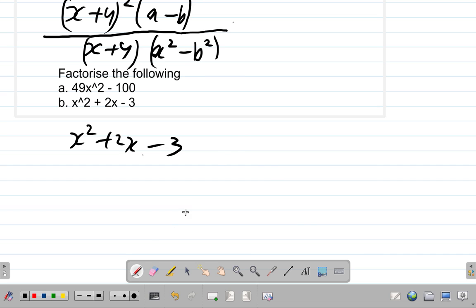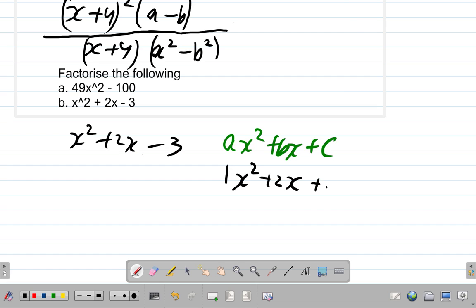So remember, the AC method comes from ax squared plus bx plus c. Now this can be written as 1x squared plus 2x plus negative 3. You see that?